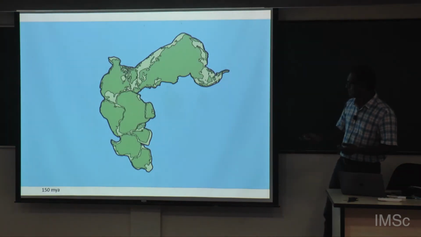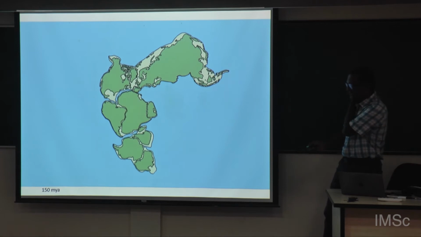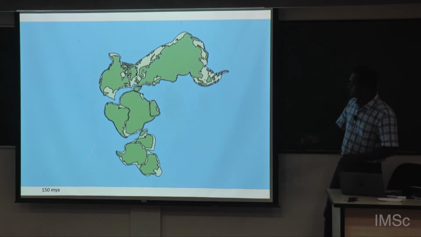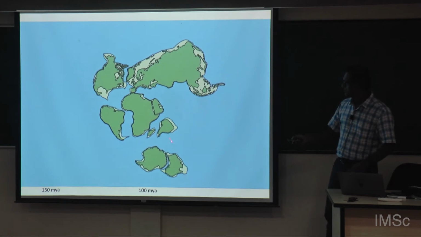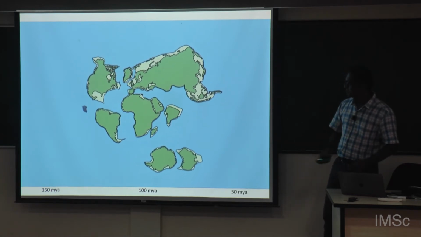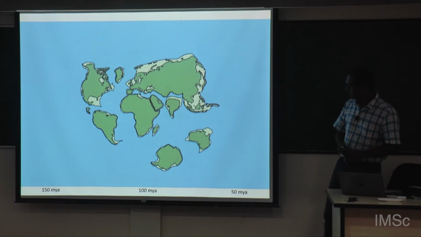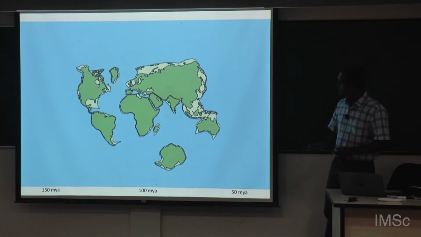So I just wanted to set the clock at the right place, and I'm going to show you something about plate tectonics. I'm sure everyone's heard about this and seen enough animations, but this is 150 million years back, Pangaea, where all these land masses were together, and then India broke away and drifted and hit the Asian plate, right?